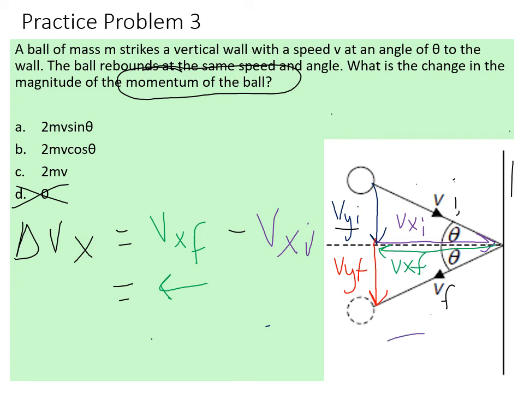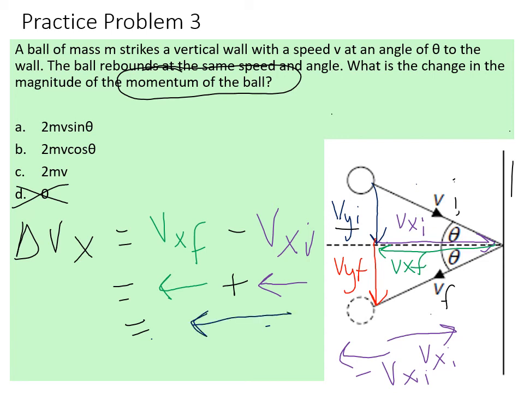So the purple arrow, positive Vx initial, points like this. If I want to subtract that vector, it is the same as adding the opposite. So negative Vxi would be like this, points to the left. So I now get a vector that is non-zero. It is a longer vector. It is the sum of the two together.